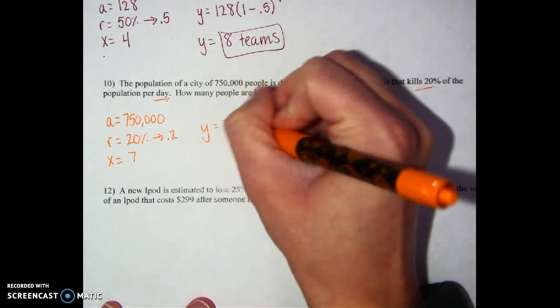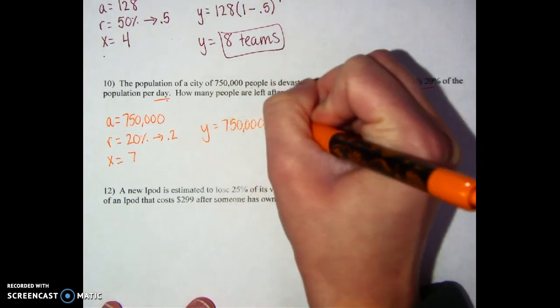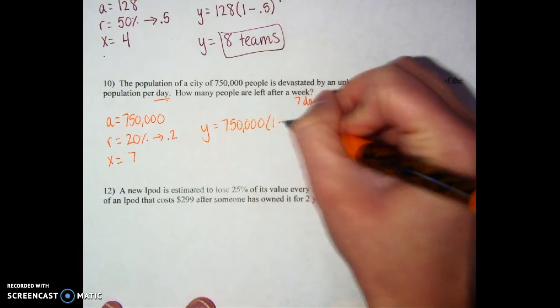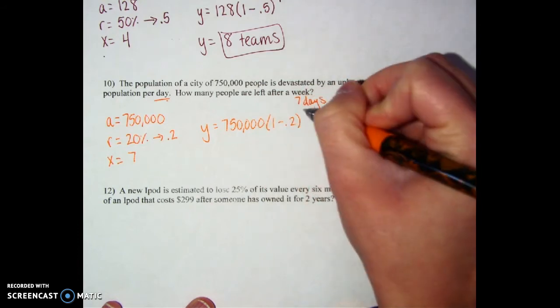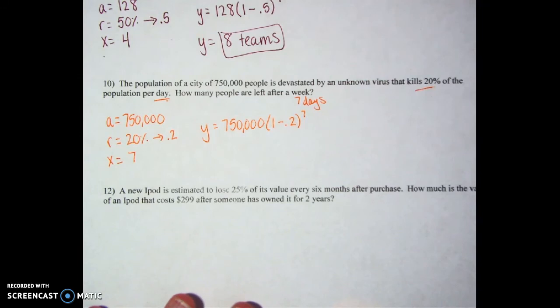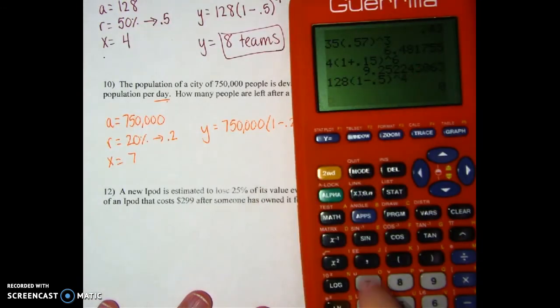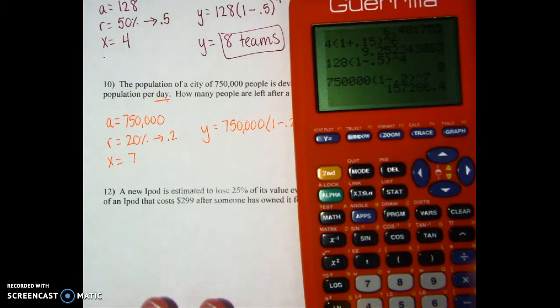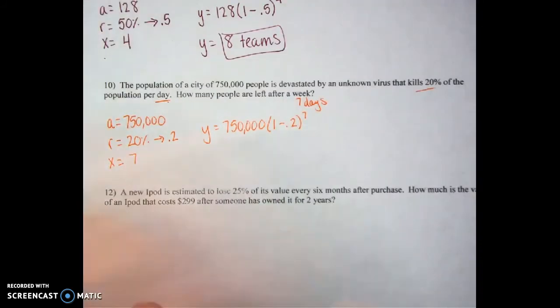So that's 750,000 times 1 minus 0.2 to the 7th power. I'm going to round that to 157,286. That's really sad.